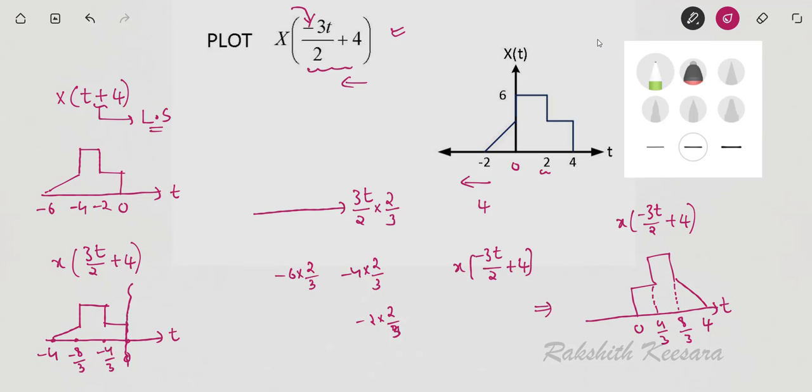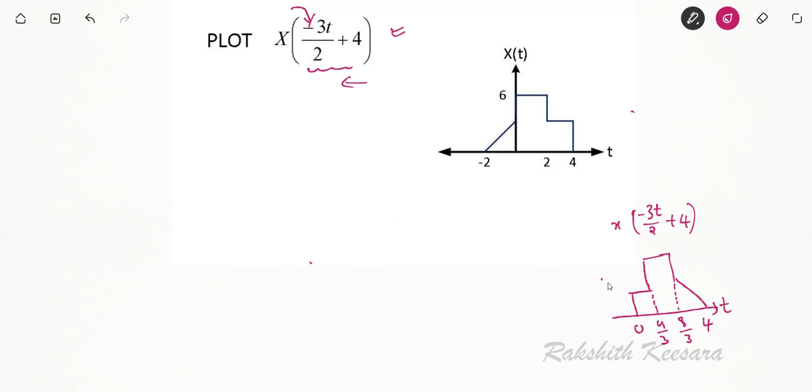Now as a homework, take this as the answer and try to plot the signal starting from the left side. That is, to start from the left side, the coefficient of t should be 1, right? So first we should take minus 3 by 2 as common. The signal will be t minus 8 by 3.